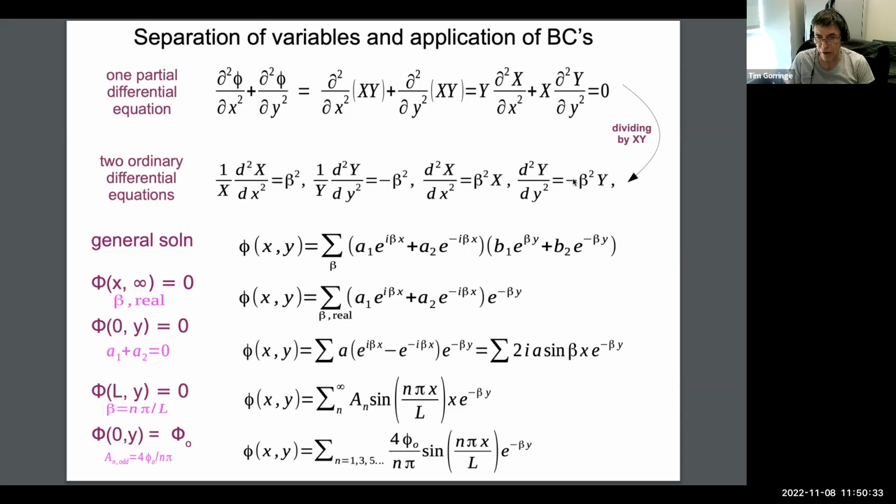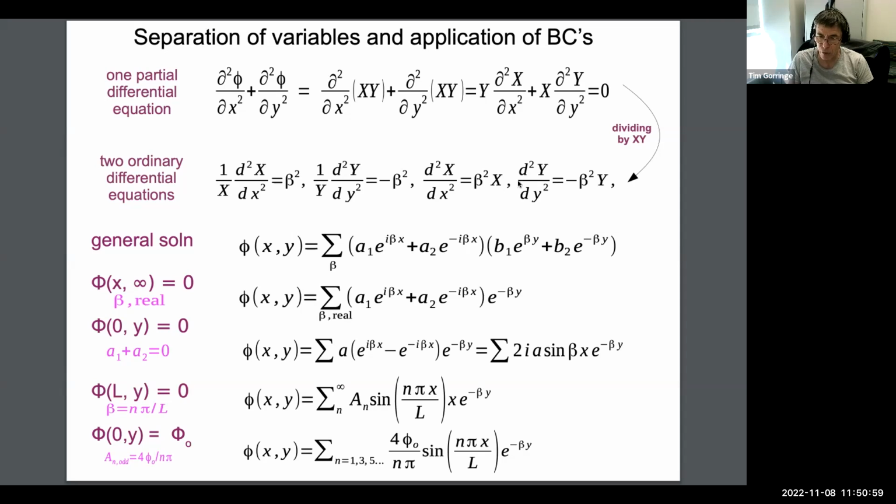And then I just rearranged those two now ordinary differential equations to see that the first one simply says that the second order differential of X is proportional to X, and beta squared is the coefficient of proportionality. And the second equation now says that the second order differential of Y is proportional to minus Y, with beta squared being the coefficient of proportionality.